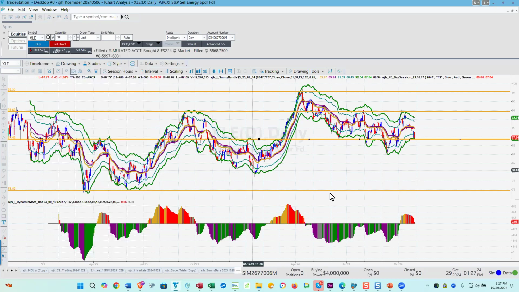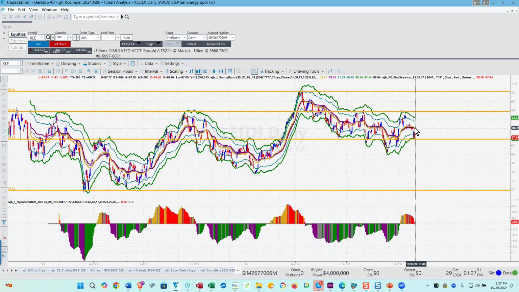So it bounced once and then took it all back. I think it's going to go up to the DMA, which is at 90.001. So that's quite a possible scenario there. But I would take profits if I were holding this at the DMA because it very often can stop there. As I told you earlier, it gets real choppy around a flat DMA.